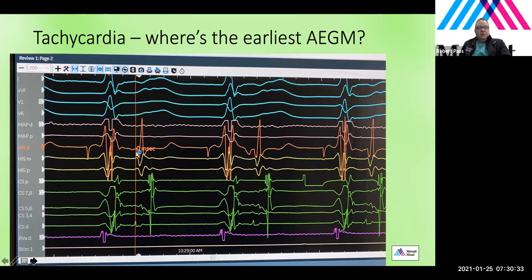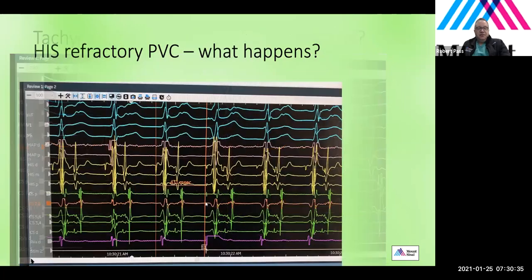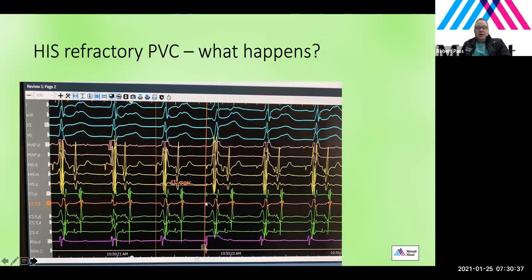And so the manner in which we figure out if this is AVNRT, I'll remind you, is that we place a PVC during a period when the His bundle is refractory. And why do we do that? I'll remind you again that if we are in AVNRT and there is no accessory pathway, all of the reentry is occurring above the level of the His.